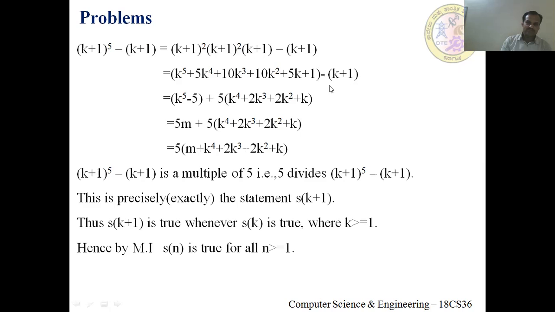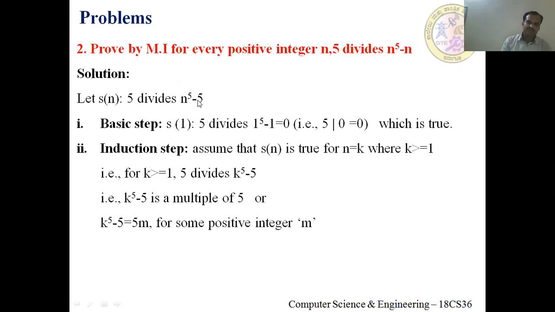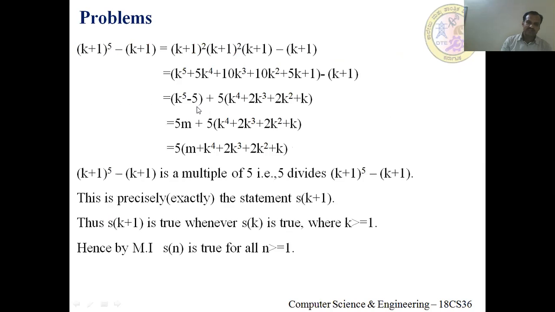Then plus 1 minus 1 gets cancelled, and the remaining term is k to the power of 5 minus k. Strictly speaking, it has to be k to the power of 5 minus k, because it is n to the power of 5 minus n. By mistake it is printed as n to the power of 5 minus 5.